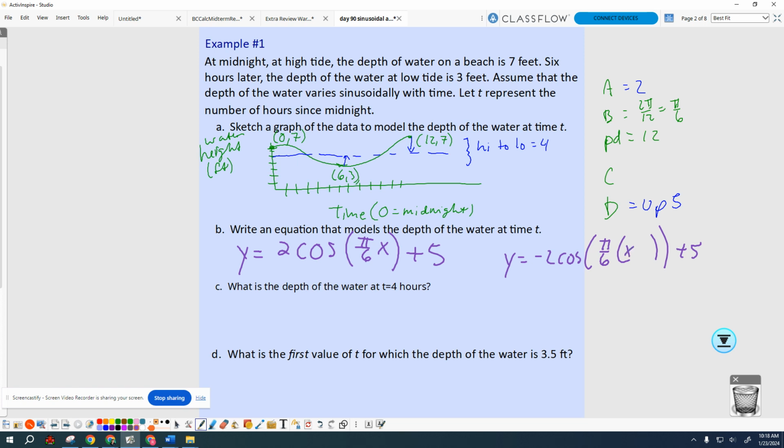So is it x minus 6? Right, because the low point happened at x equals 6. And really, if you want to be in full pain and say, let's get the sine function, we'd shift it 3 units that way, and it would be a negative.